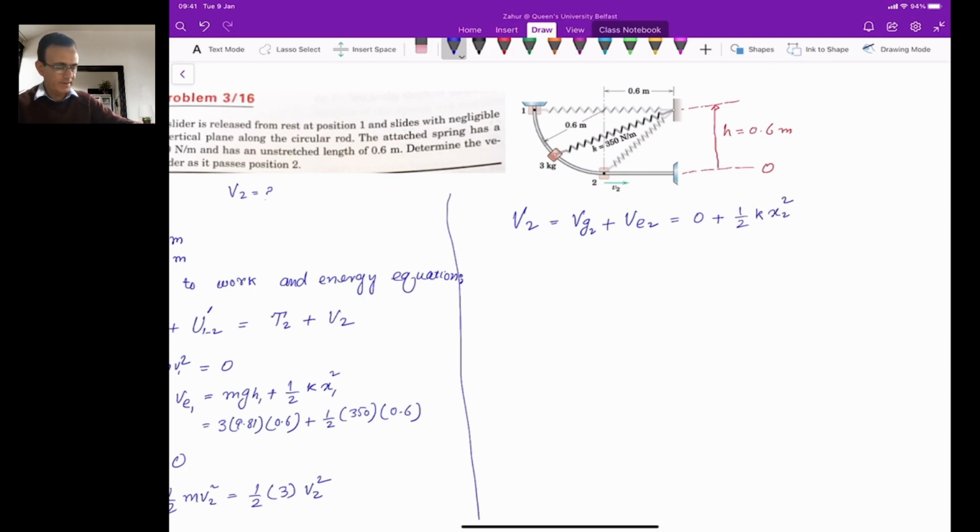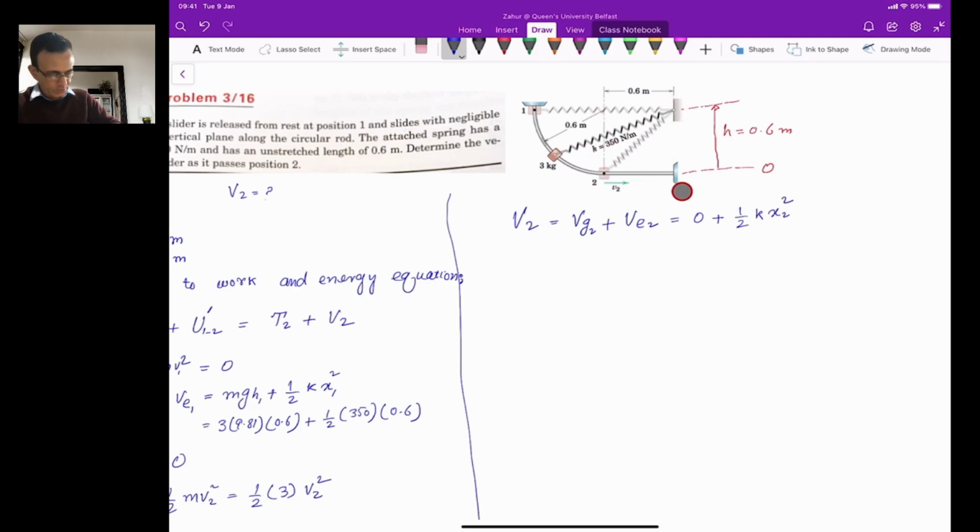So this means that you need to calculate the stretch in the spring here. We know that the unstretched length of the spring is 0.6, and we also know that the distance from here to here is 0.6, but we don't know the current length of the spring at position 2. So that is what we need to calculate. So we need to calculate x2 here, which you can calculate from this triangle here.